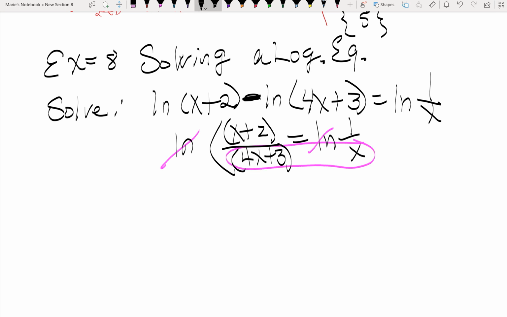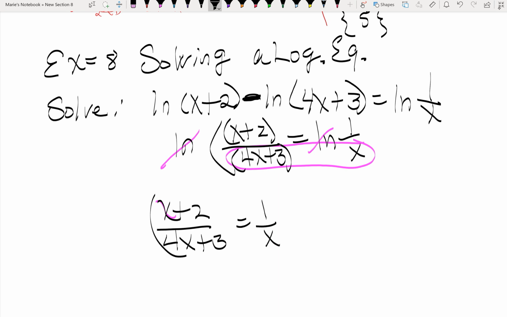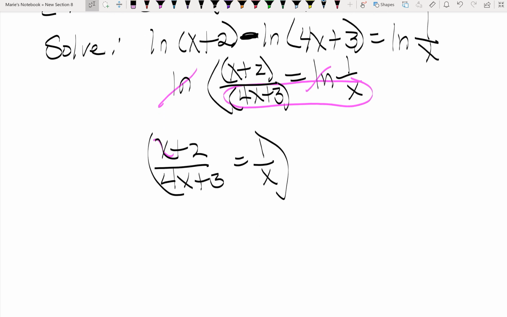So basically, you're going to end up with x plus 2 over 4x plus 3 equal to 1 over x. I'm going to multiply on both sides, respectively, by the entire denominator.